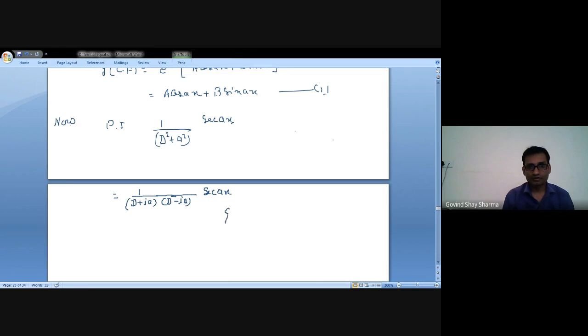Now partial fractions: 1 upon (D plus ia)(D minus ia) is A upon (D plus ia) plus B upon (D minus ia).